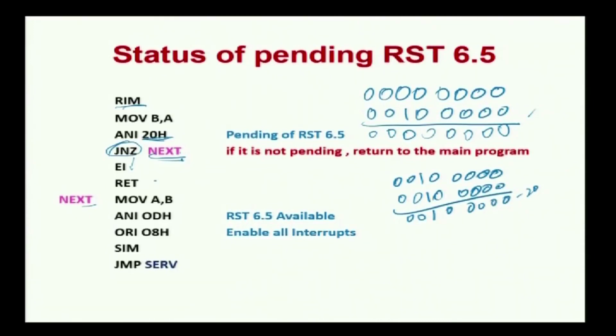In the non-zero case, now we have to activate the program for enabling RST 6.5. The temporary value in B, which is 20, will be loaded into the accumulator. Now, the value is 0 0 1 0 0. Now, logically AND with 0DH, that is 0 0 0 0 1 1 0 1. DH means 1 1 0 1. How are we getting 1 1 0 1?